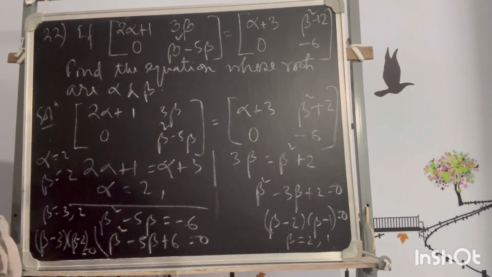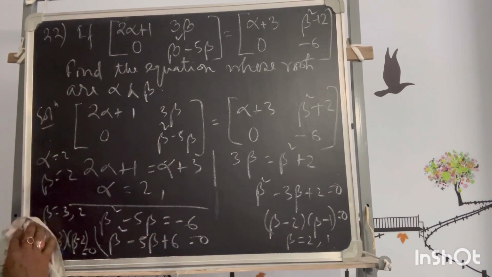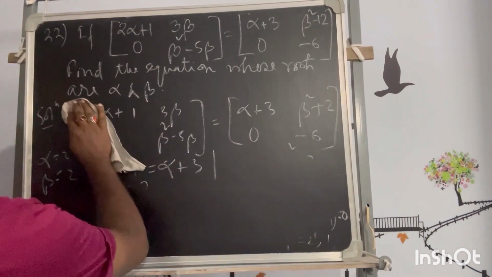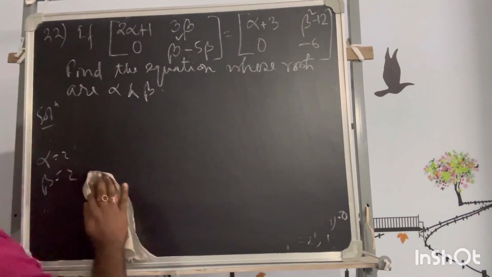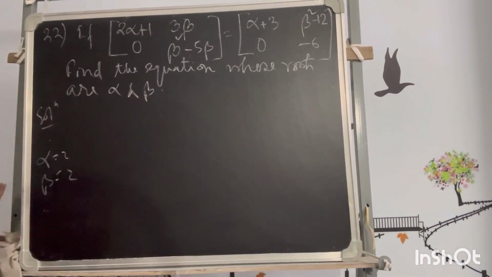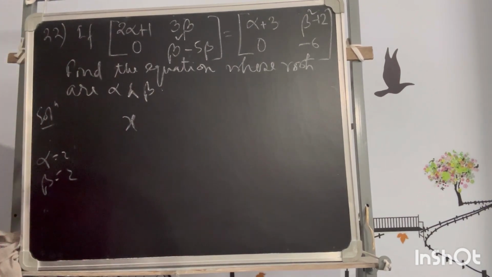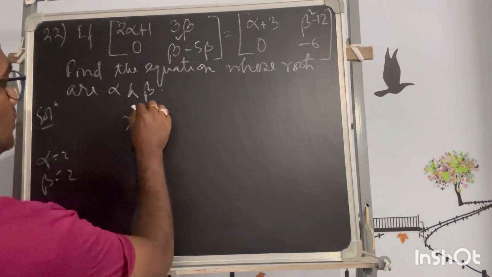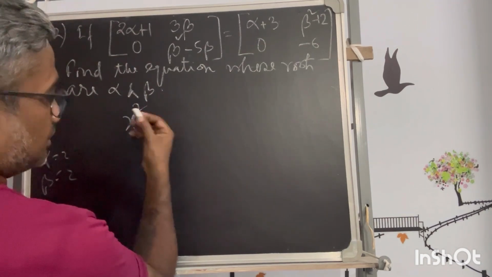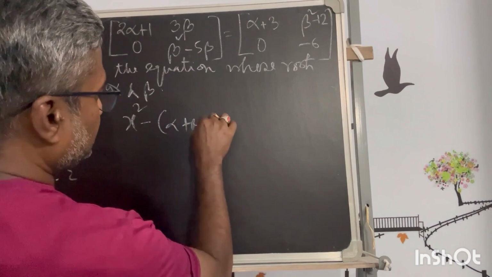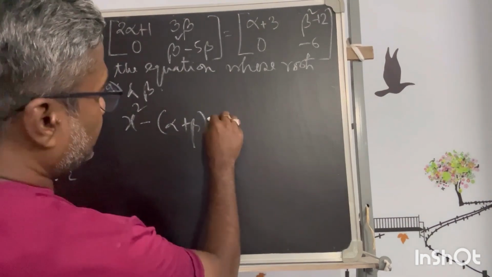Now as I have got alpha and beta, to form the quadratic equation, you have to go with the generalized form of a quadratic equation, which is, if x is the variable for that quadratic equation, the equation can be formed as x square minus (alpha plus beta) x plus alpha beta, where alpha and beta are the roots of that equation.